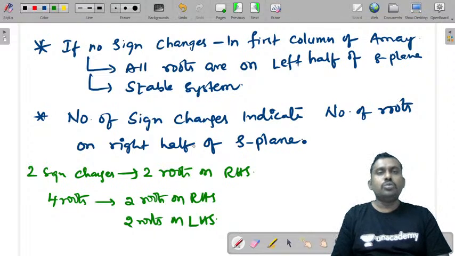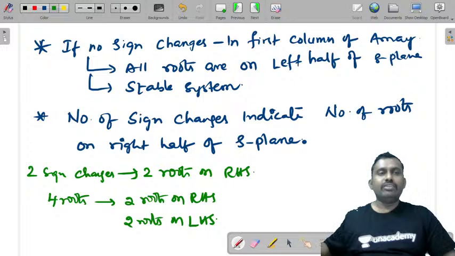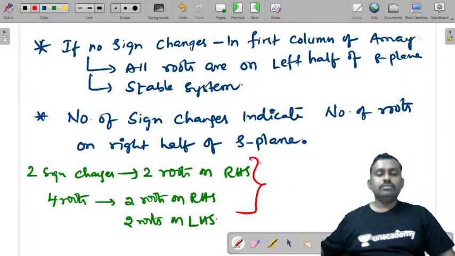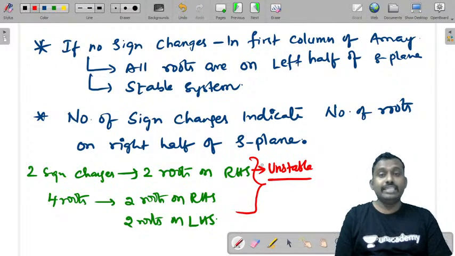If there are no sign changes in the first column of the Routh array, then all the roots are on the left half of the S plane and the system is stable. Whenever we have a root on the right half of the S plane, we say that the system is unstable. If there are sign changes in the first column, it can be an unstable system.